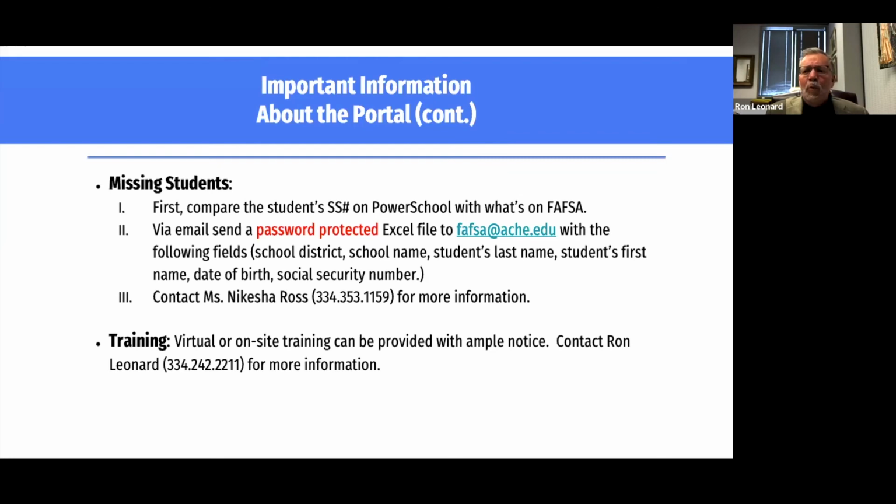But as I said, when we go to that backup match, where we're not just depending on social security number, where we search by date of birth and first name and zip code, that should help resolve the situation. But if they're not showing up at all, then we will need all those data fields that I just mentioned to you.